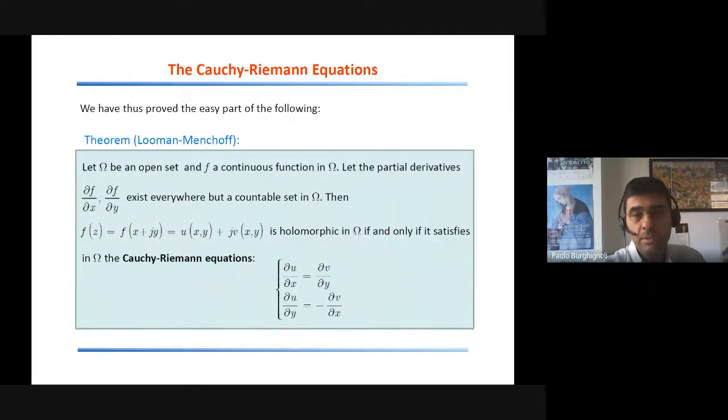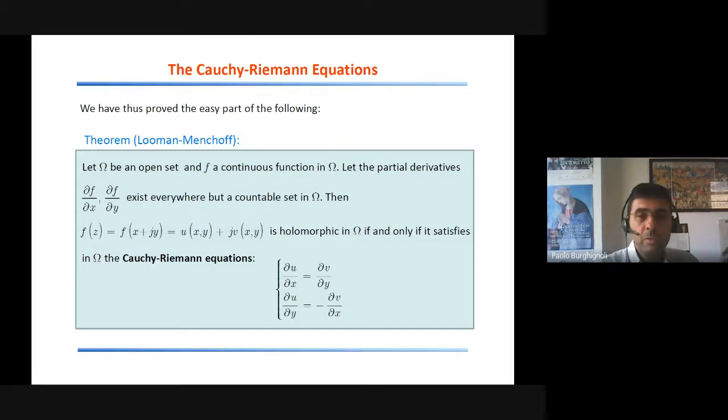And what we have shown is actually the simplest part of the following fundamental theorem, the so-called theorem of Looman and Menchoff, which tells you that if you consider an open set, again omega, and a continuous function f in omega, and this function has partial derivatives with respect to x and y almost everywhere, which means everywhere but in an at most countable set in omega, then the function f of z is holomorphic in omega, which means analytic, if and only if it satisfies in omega the Cauchy-Riemann equations that we have obtained in the previous slide.